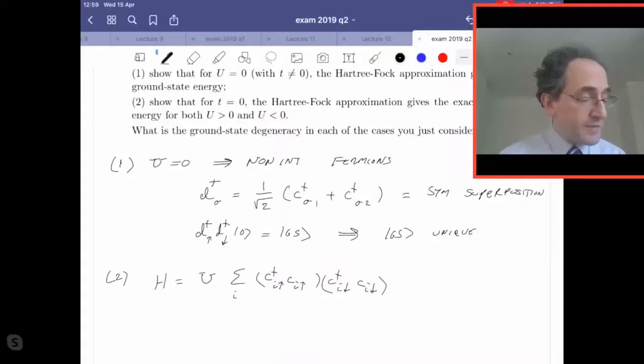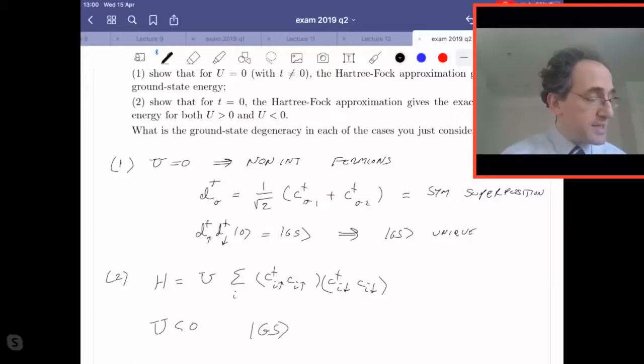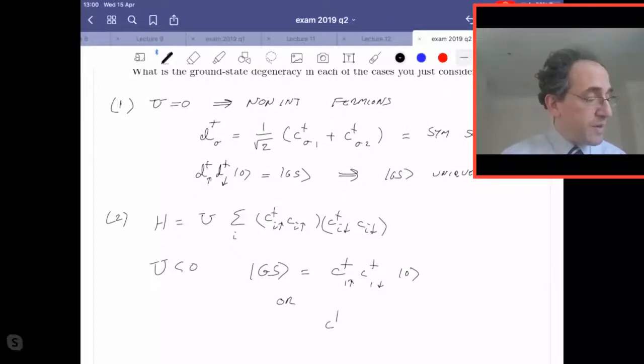So for U less than 0, the way you minimize the energy of the entire system is to put both particles with opposite spins on the same site. So the exact ground state is then c dagger 1 up, c dagger 1 down on 0, or we put them both on the second site, c dagger 2 up, c dagger 2 down on 0. So this is twofold degenerate.